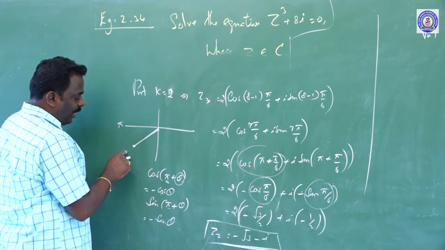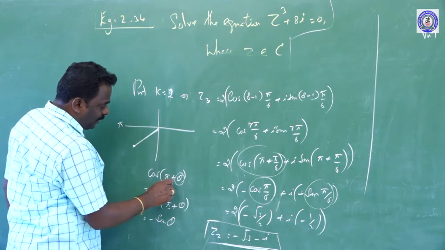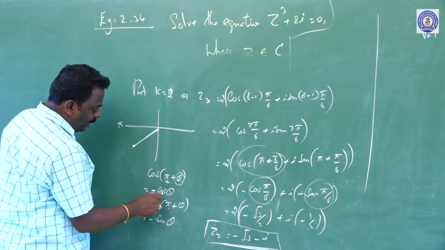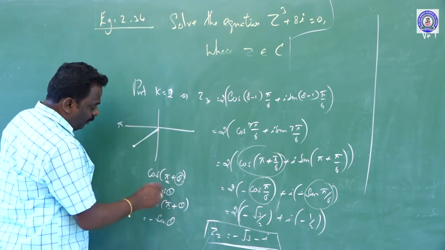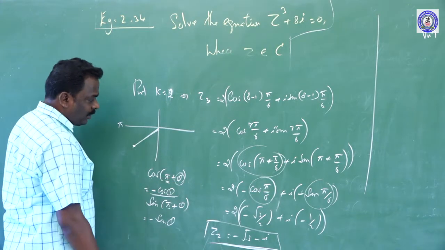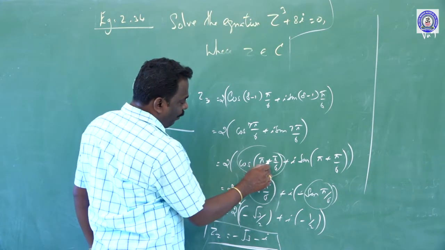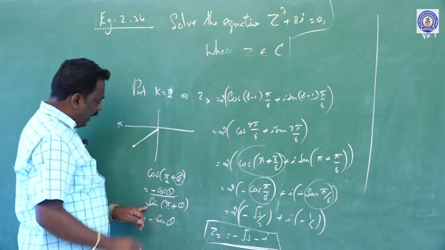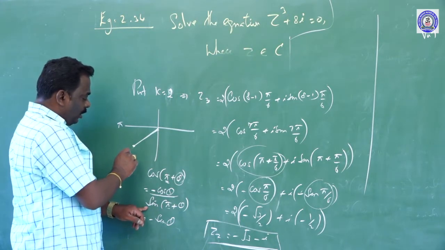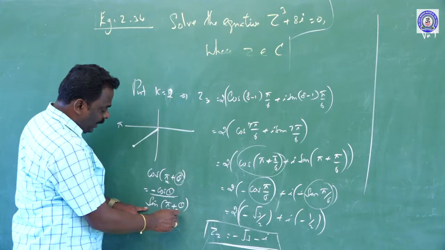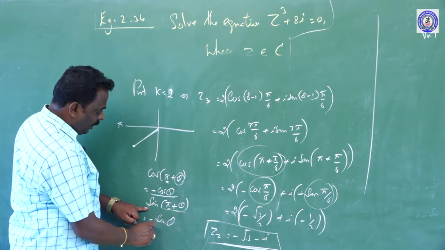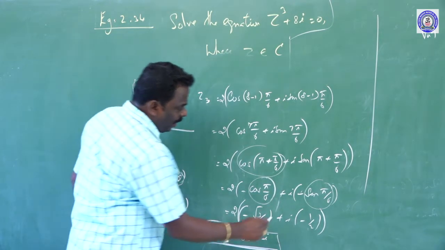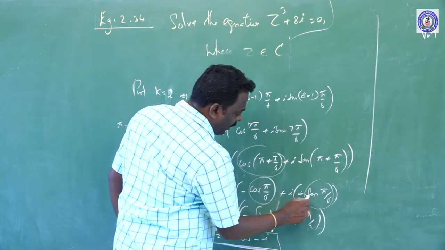In the third quadrant cos value is negative, and for supplementary angles cos becomes the same cos θ. Therefore cos(π plus θ) equals minus cos θ, where θ equals π/6. Similarly sin(π plus θ) lies in the third quadrant, sin value is negative, and sin becomes the same sin θ. Therefore sin(π plus θ) equals minus sin θ.